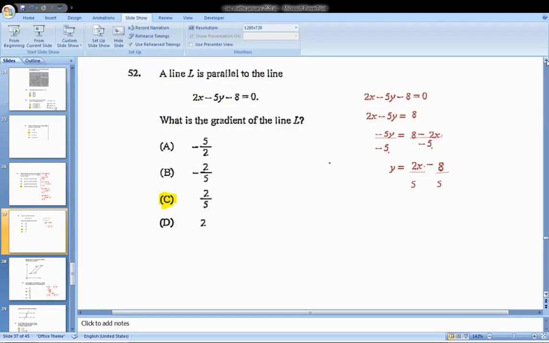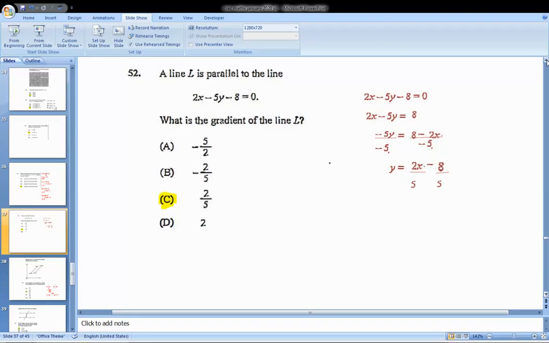So y equals negative 2x divided by negative 5 and 8 divided by negative 5.